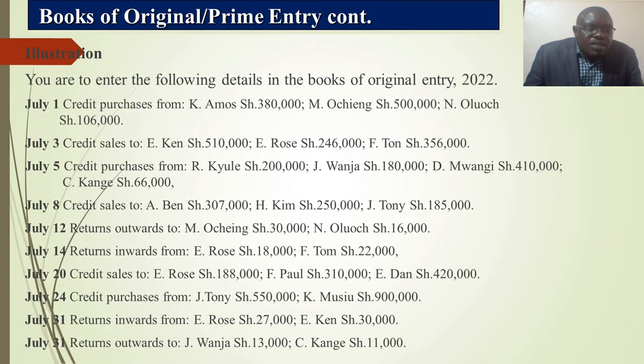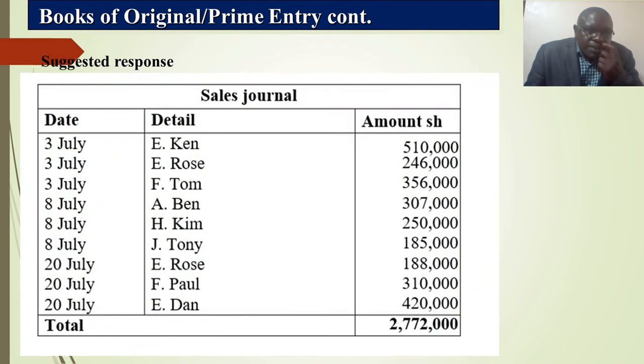So we have credit sales to A Ben 307,000, H Kim 250,000, and J Tony 185,000. Is that what is recorded? Yes, on July 8th, A Ben 307,000, H Kim 250,000 Kenya shillings, and J Tony 185,000 shillings.